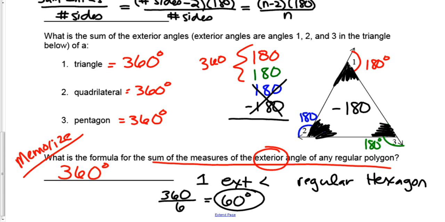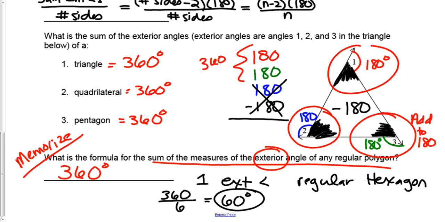They are your friends. The other thing that we need to note is if I have an exterior angle and an interior angle, so if I have this situation here, angle 3 and the interior angle are going to add to 180. And that will happen here, and that will happen here as well.